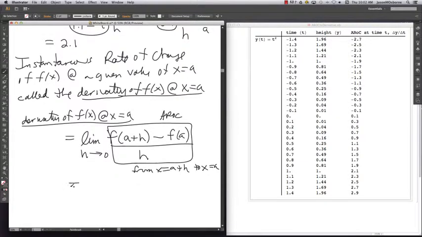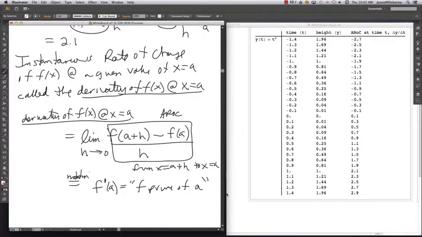Rather than writing this long expression, the derivative of the function at x is equal to a, and rather than writing all this limit a lot, we give a notation. There's a notation for this answer. We're going to call it f with this little prime of a, and this is pronounced f prime of a.